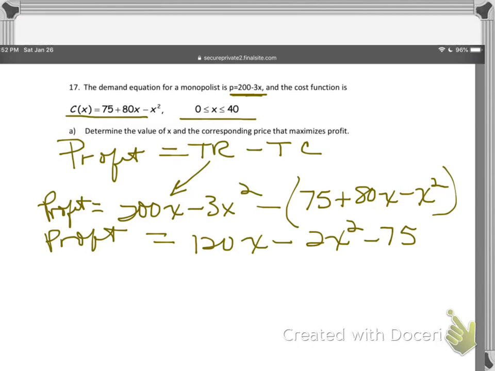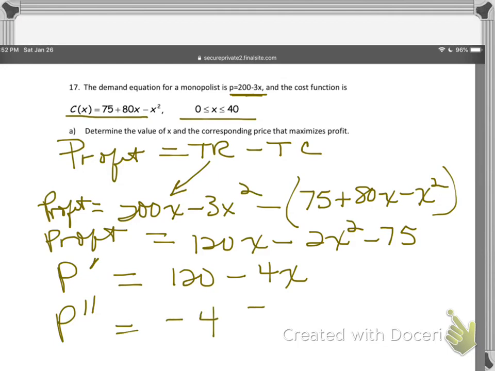All right, so if that's my profit and they want me to determine the value that maximizes the profit, I'm going to need P prime. And don't forget that this P is profit. So that's going to equal 120, because it's a quadratic, so I'm expecting a linear term, minus 4x. So why don't we go ahead and do the second derivative, which is going to be minus 4.